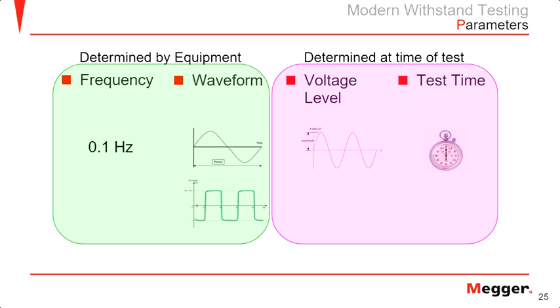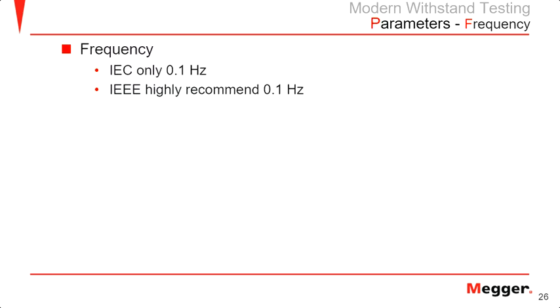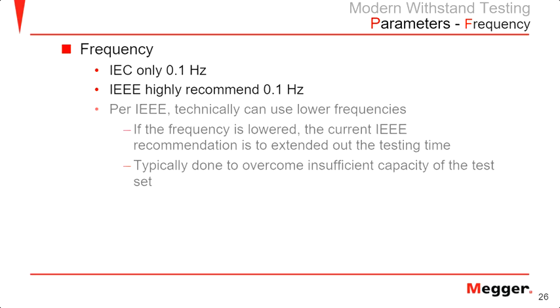Either you want to do a 30-minute test or a 45 or 60-minute test, depending on whatever your standards are. If you're following IEEE 400.2, that suggests between 30 minutes as a minimum and 60 minutes, so anywhere between that time. Now, this is just saying that if you use a lower frequency, it is likely recommended to extend your testing time. It is typically done to overcome the insufficient capacity of the test set.